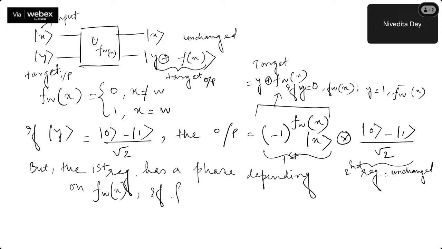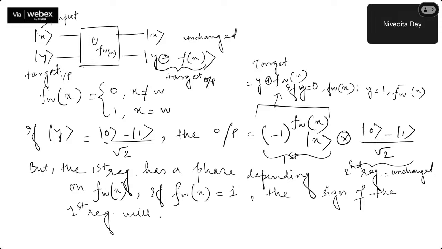So if f_w of x is equal to 1, then the sign of the first register is flipped, because it will be minus 1 for the first register.